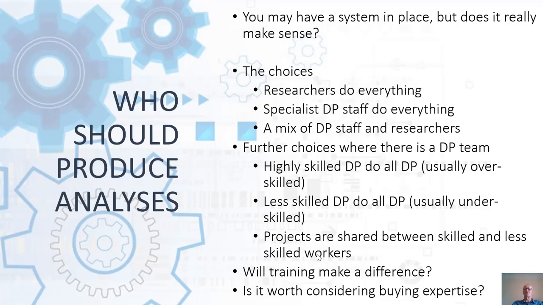So that means you need tools that are good for specialist DP staff, tools that allow researchers to browse data and produce their own analysis, and it gives you that flexibility so that researchers aren't constrained, but DP staff aren't wasting their time guessing what researchers might want and producing more than they need, maybe. There's also further choices you can make.